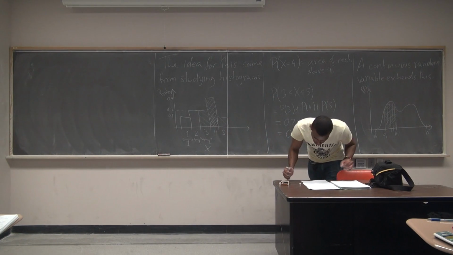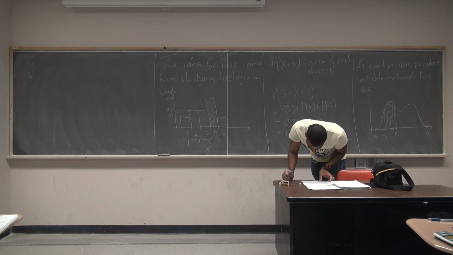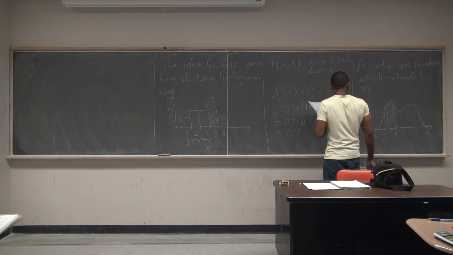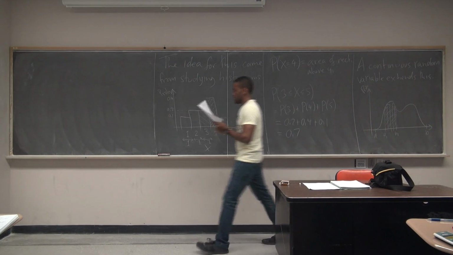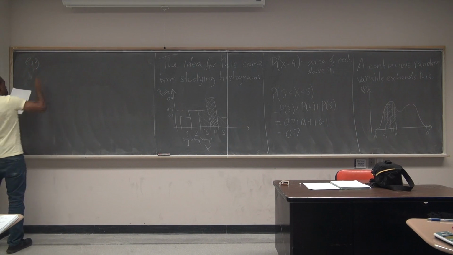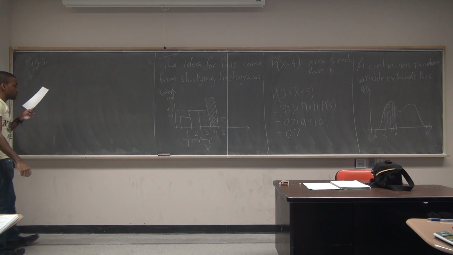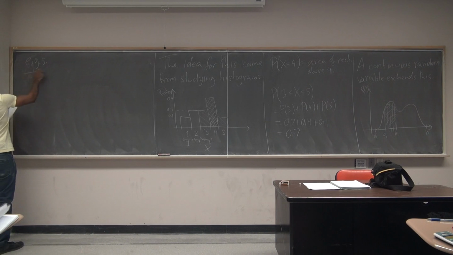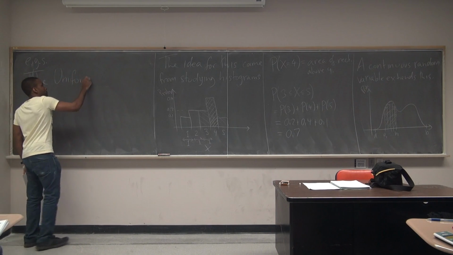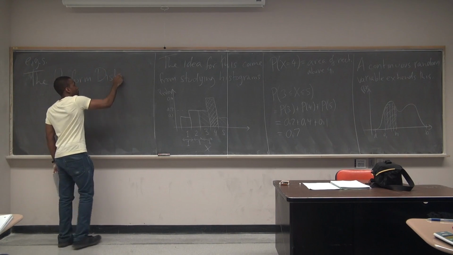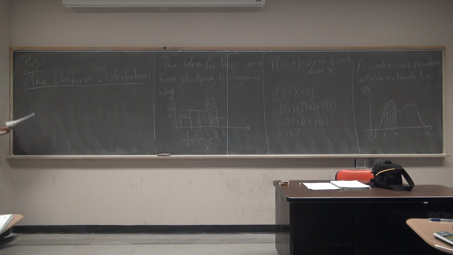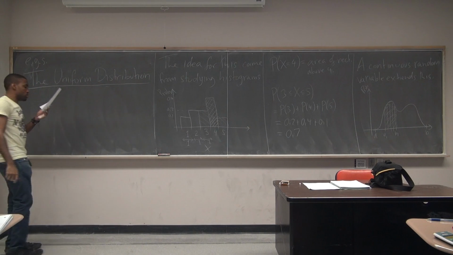Did I introduce one yet? Examples. There's something called a uniform distribution. This is a continuous distribution.